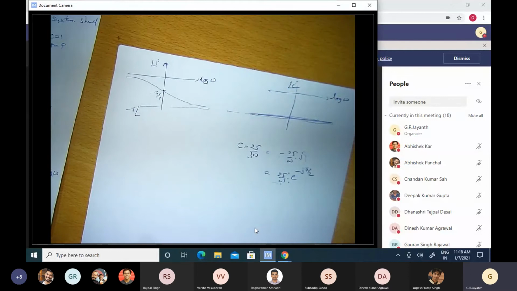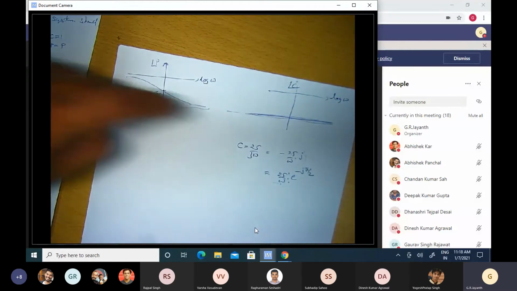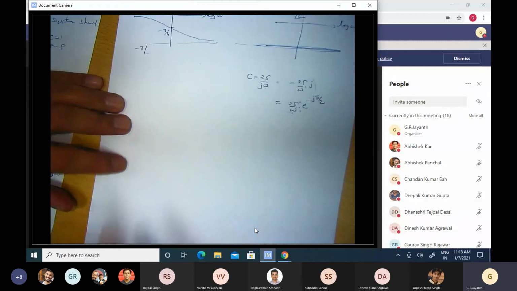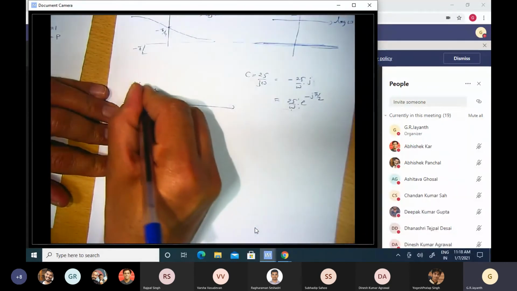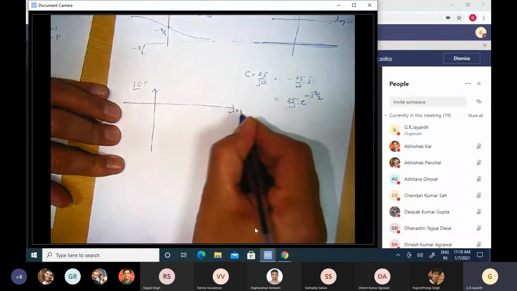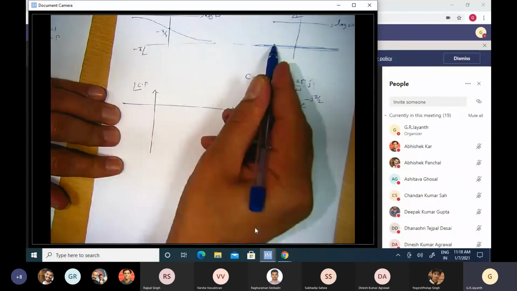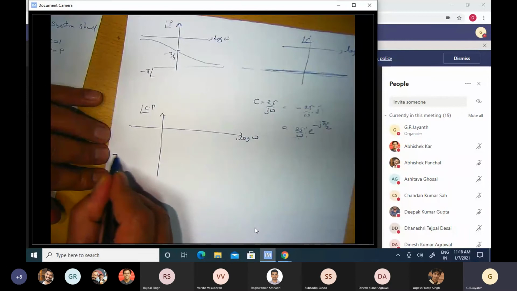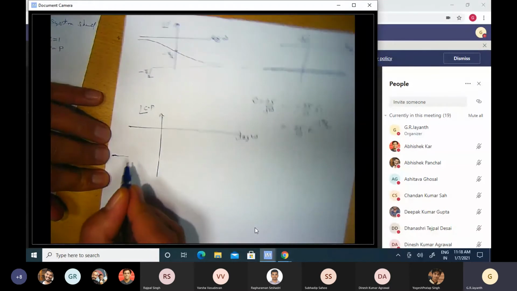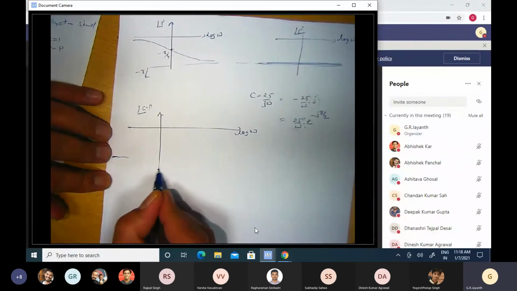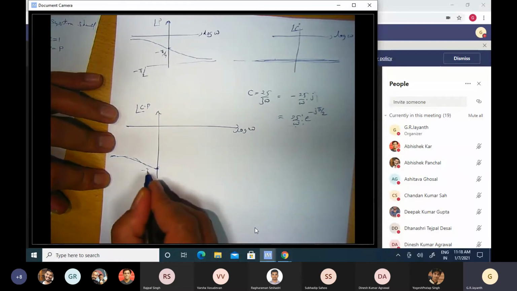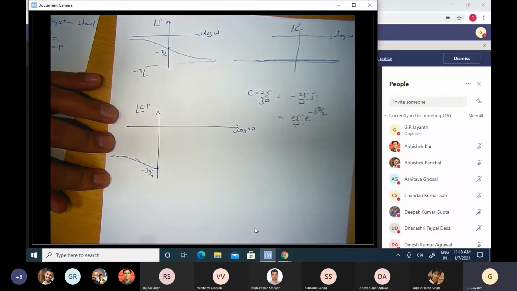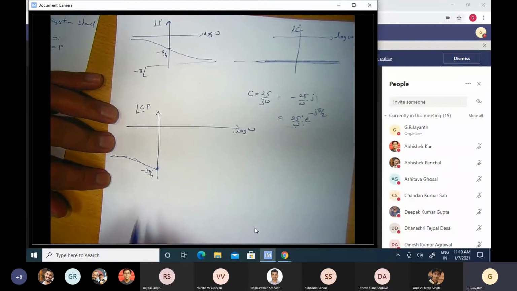So what is the angle of the open loop system C times P? It's the summation of these two angles, so that's going to be something like this. This is the angle of C times P against log omega. When I add these two, I notice that the phase starts at minus pi by 2, doesn't change, and then around 1 radian per second, the phase comes down to minus pi by 2 minus pi by 4, which is minus 3 pi by 4, that is minus 135 degrees.